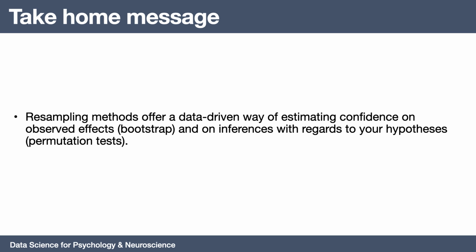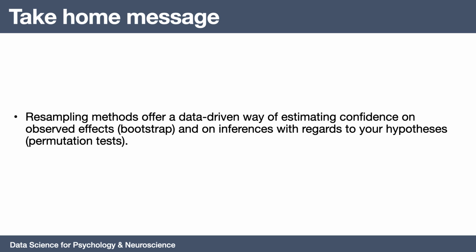Okay, we've gone over permutation tests and bootstrapping as two examples of resampling methods that offer a data-driven way of estimating confidence on observed effects and on inferences with regards to your hypotheses. These are very, very powerful tools that are commonplace in machine learning and data science and are gaining ground in psychology and neuroscience. They are non-parametric, so you don't have any assumptions about the nature of your data in order to either evaluate your null hypothesis or estimate confidence.